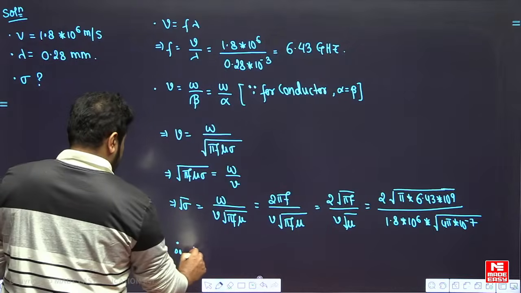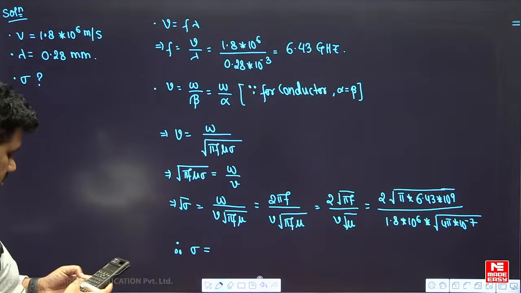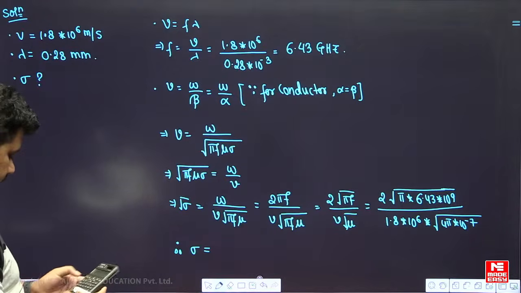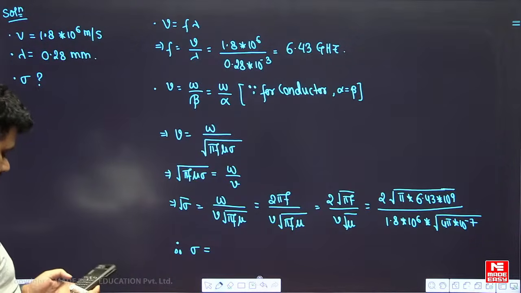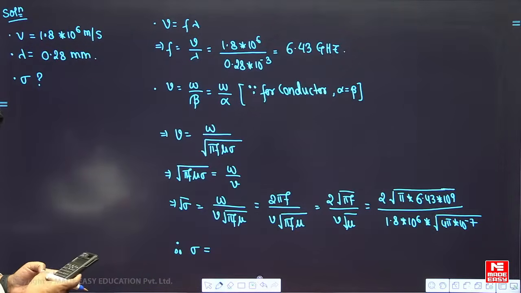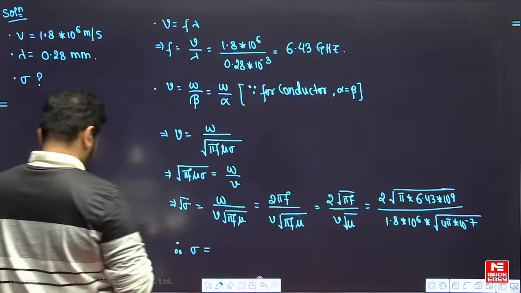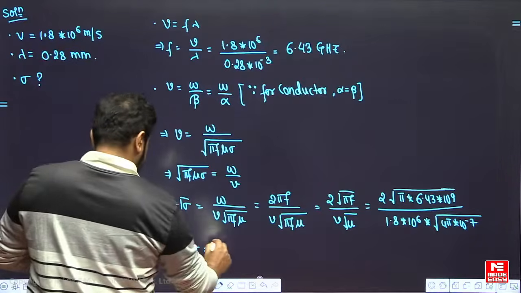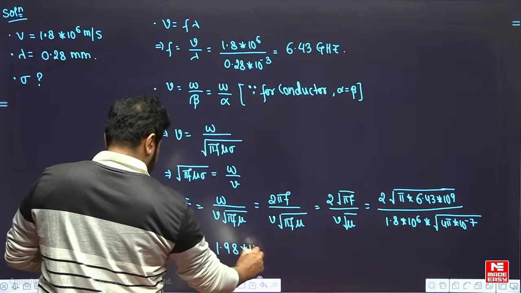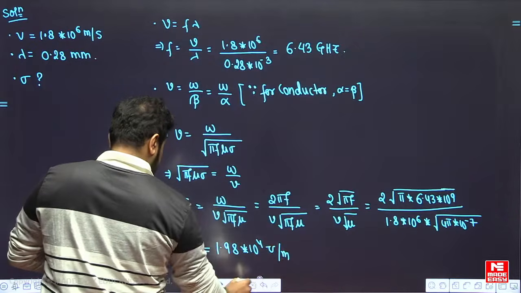So what is the value of sigma? From here I can directly calculate the value of sigma. It is 2 into root under pi into 6.43 into 10 to the power 9 divided by 1.41 into 1.8 into 10 to the power 6, and since this is a root, the whole is squared. That gives 1.98 into 10 to the power 4 mho per meter.